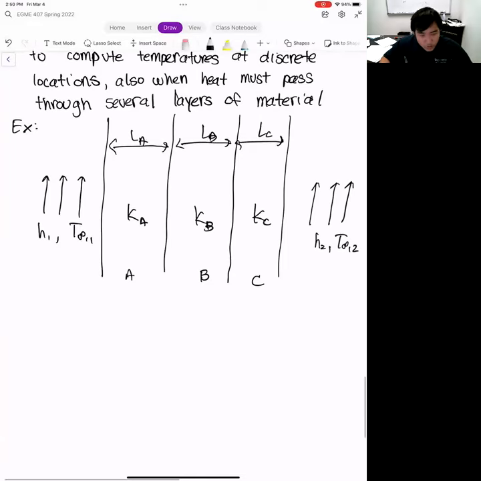And so normally, if you wanted to solve for the temperatures at these locations, okay, so let's say that we want to compute the temperatures at each layer of the composite material, this would normally be really hard to do because you have 3 different materials as well as 2 convection type boundary conditions. Okay.